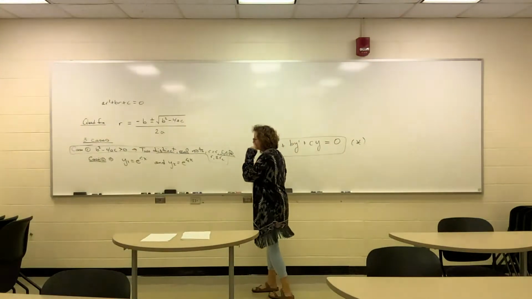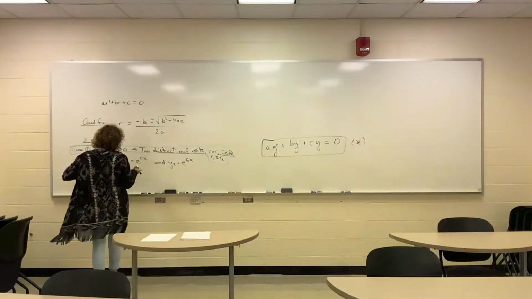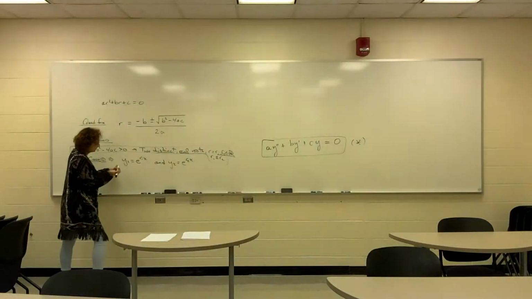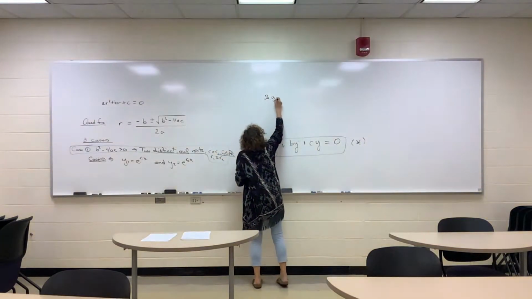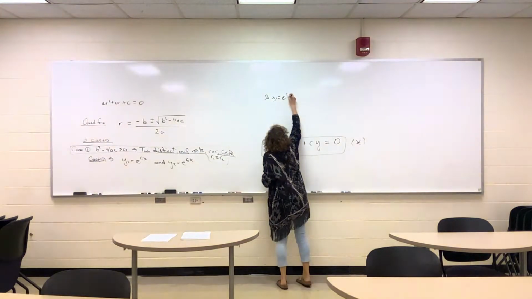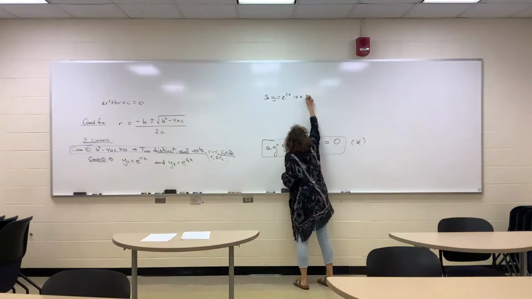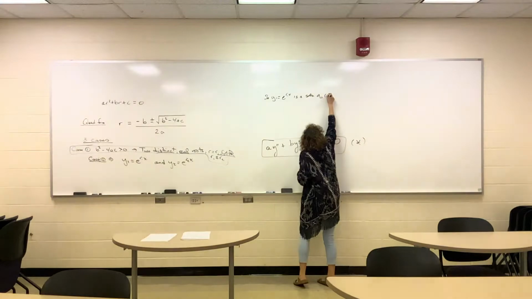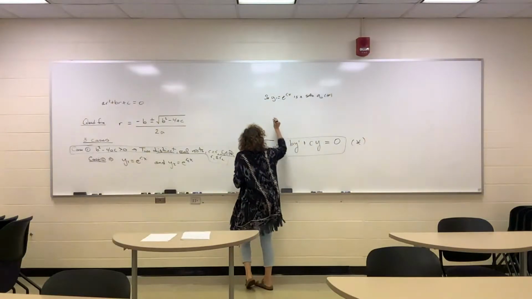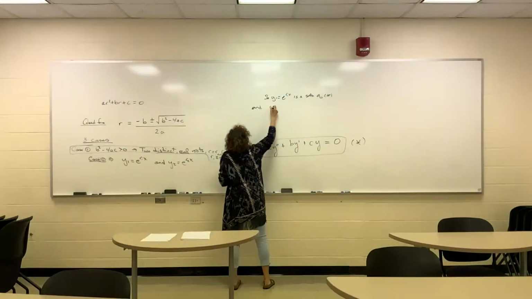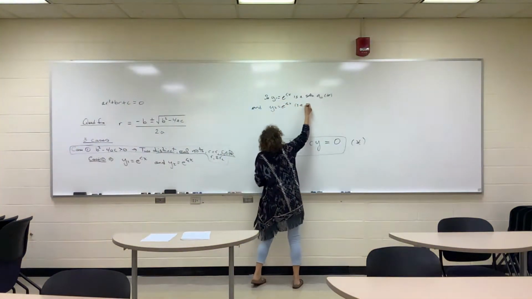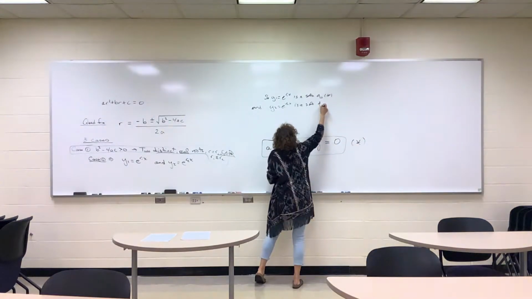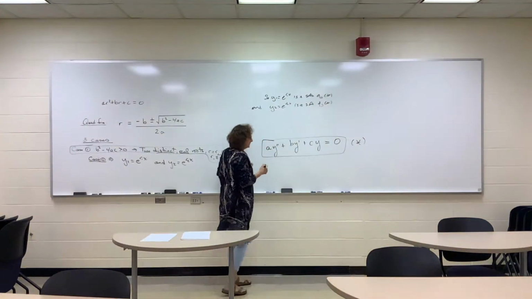Well, what did we just say? We got these two solutions, right? They came out of case one, okay? So y1 equals e to the r1x is a solution of star, and y2 equals e to the r2x is a solution of star, yeah?